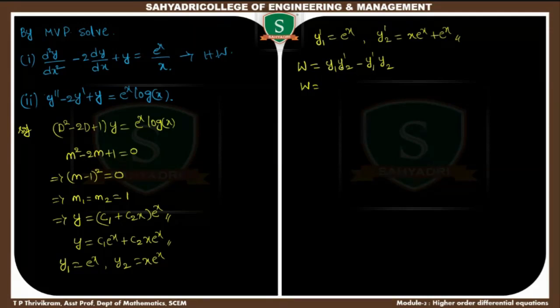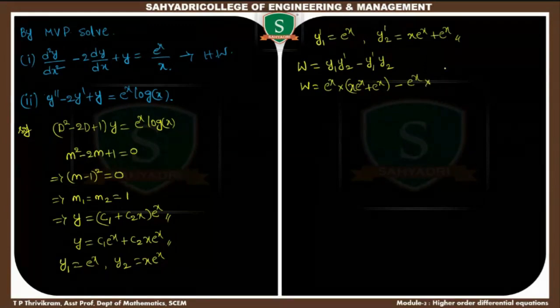So y1 is e power x into y2 dash, y2 dash is x e power x plus e power x, minus y1 dash, y1 dash is e power x only, into x e power x.